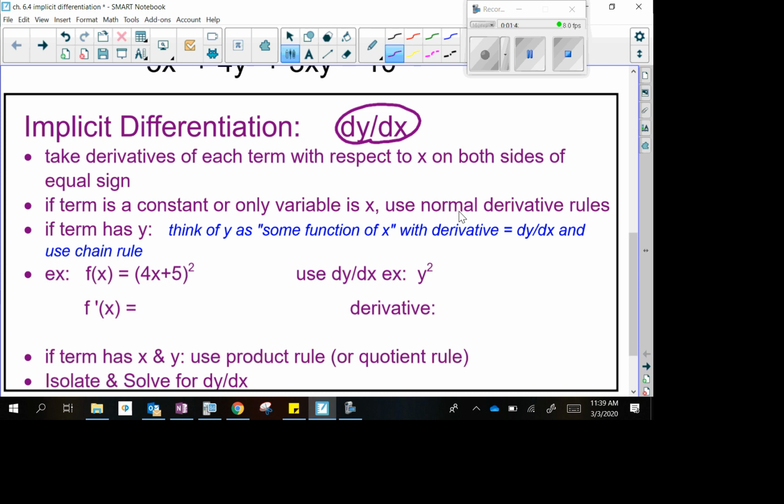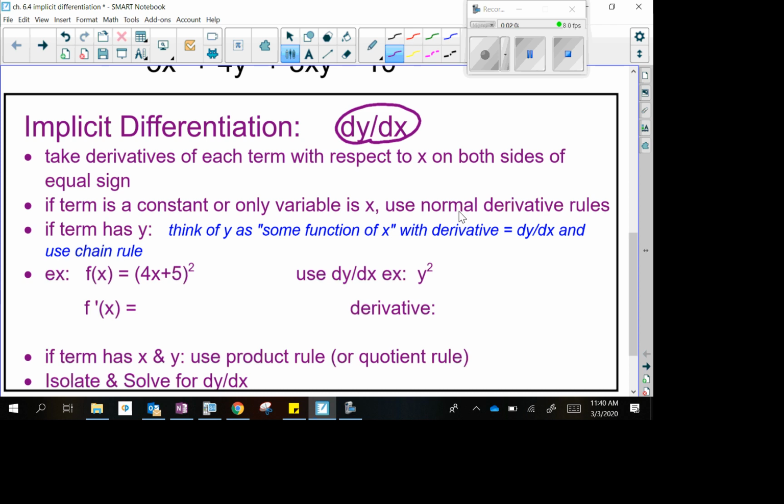When we're using implicit differentiation, all of our derivative rules still apply. We're still going to take the derivative of every term with respect to x, but we're doing it on both sides of the equation now, on the left side and the right side. If the term is a constant, like just a number, or just has the x variable, all the same rules apply. That part hasn't changed.